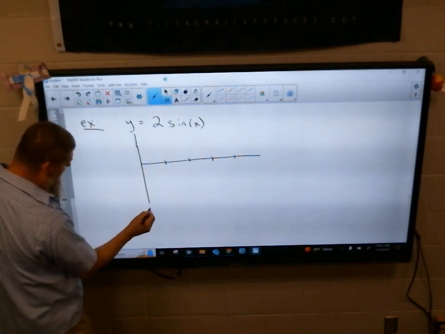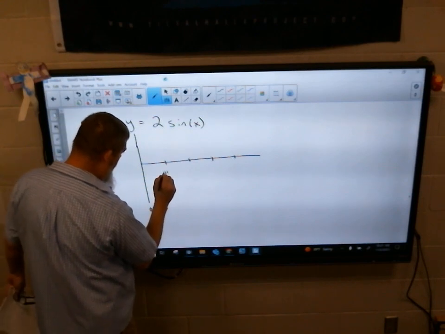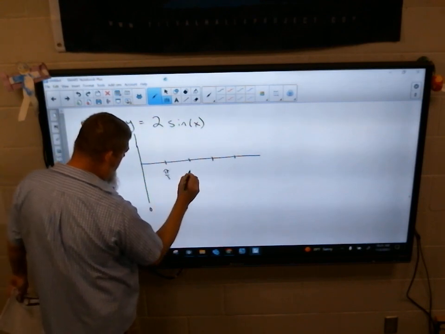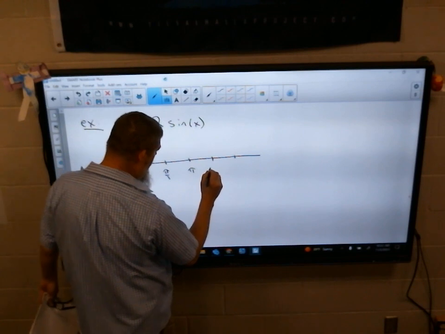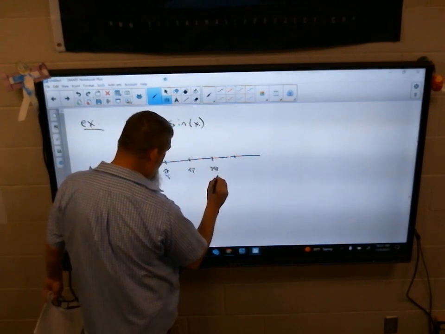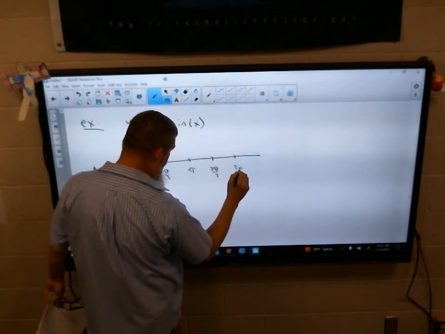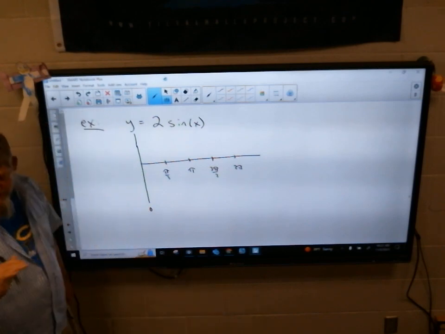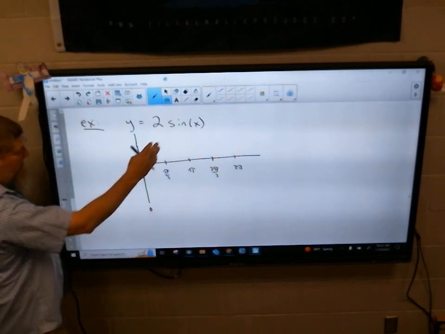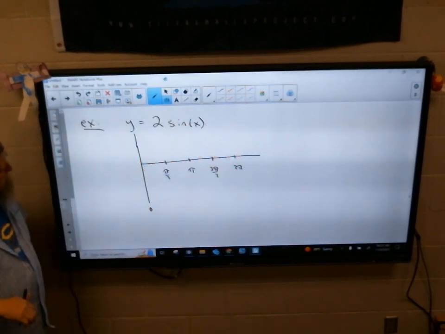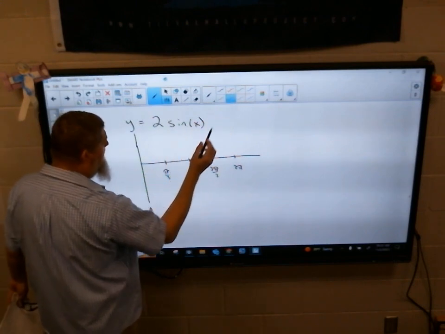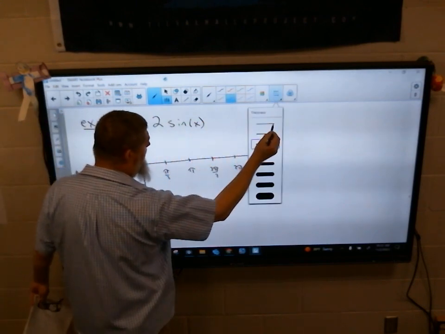We know it's going to be 0. We know it's going to be pi over 2, pi, and so forth, 3 pi over 2, and 2 pi. Because my period hasn't changed. Nothing inside has changed. My midline is still at 0.